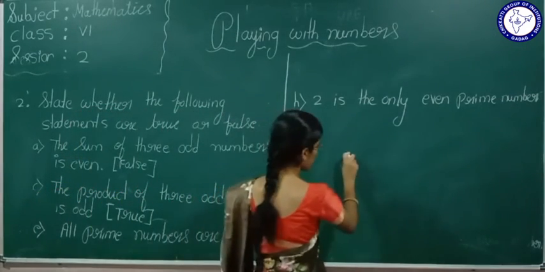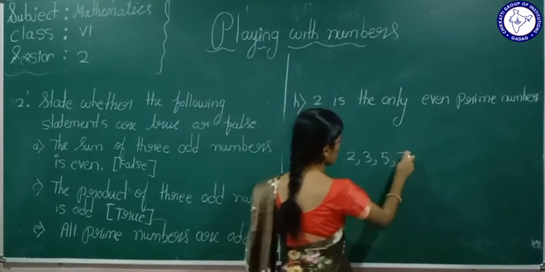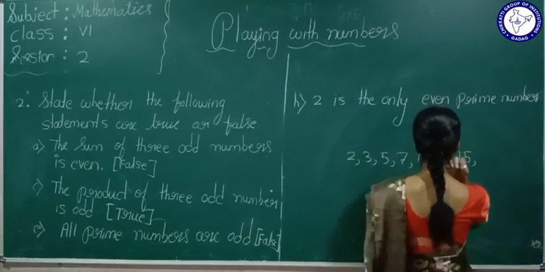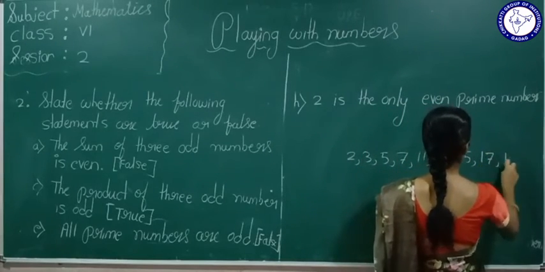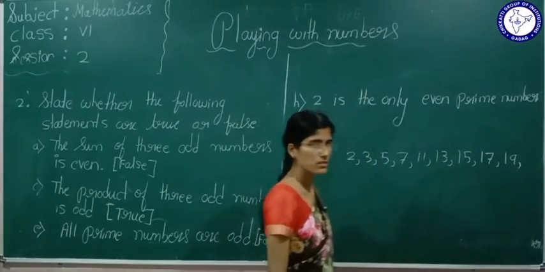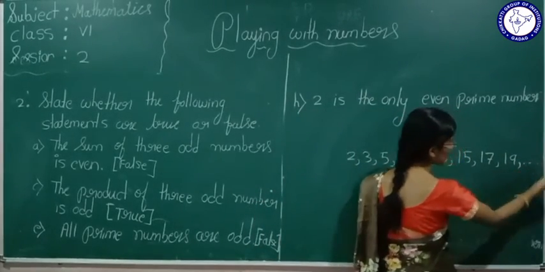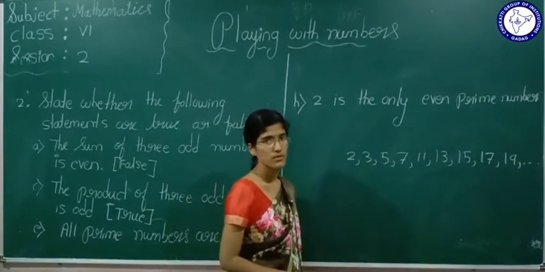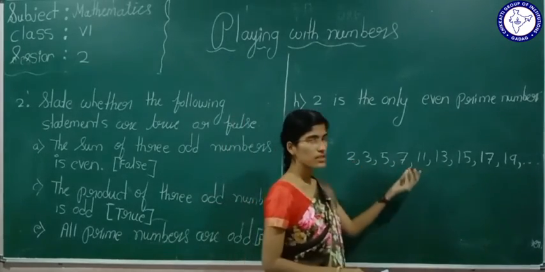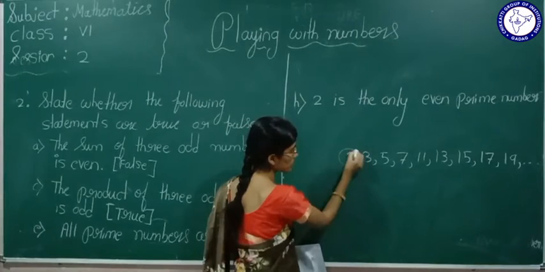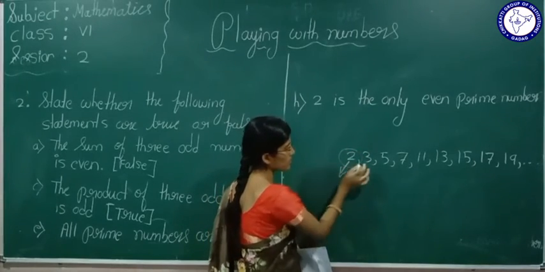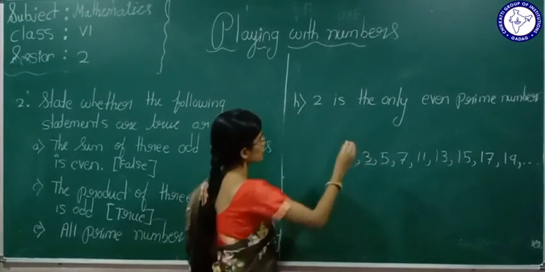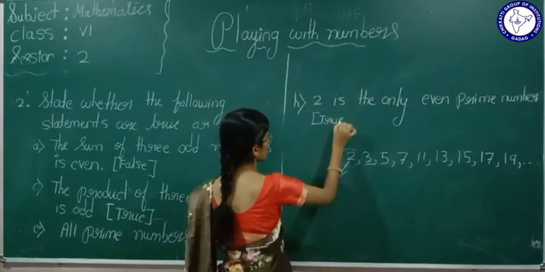See, I will write once again the prime numbers: 2, 3, 5, 7, 11, 13, 17, 19, and it will go on continuing. Now see here, 2 is the only even prime number. Here all these are odd prime numbers. Yes? So this statement is true.